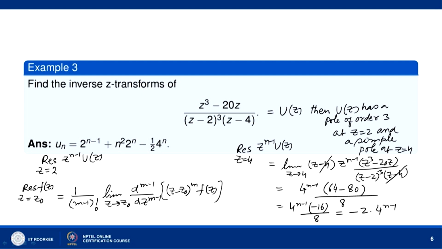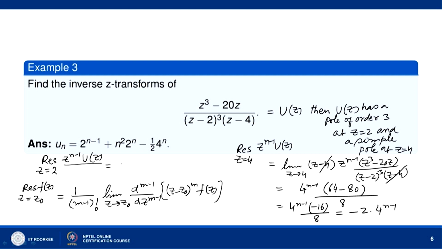This is the formula for the residue in case f z has a pole of order m at z equal to z naught. So, here we have z to the power n minus 1 into u z, which is the function having a pole of order 3 at z equal to 2.